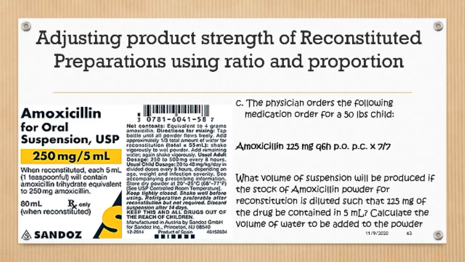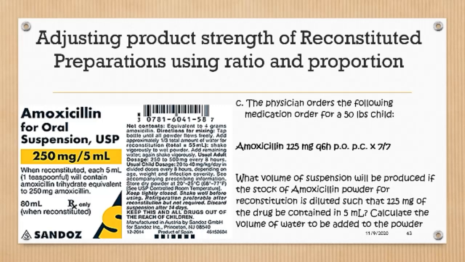This can be done in 2 ways. The obvious way that you and I or any layman would think is that we make the 80 mL of amoxicillin to produce a concentration of 250 per 5 mL and give the person 2.5 mL that will contain the 125. And that would have been fine because the person would have been getting 125 milligrams, which is what the doctor ordered in his prescription. However, the doctor was very specific.